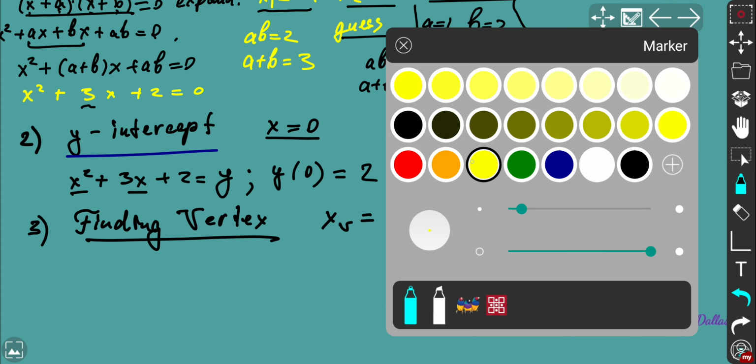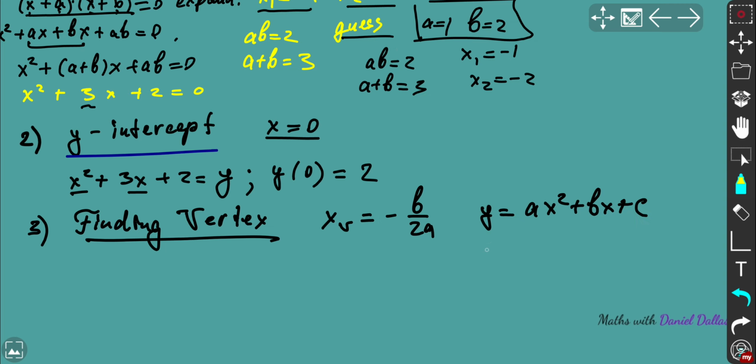In our particular case, the function we're given is x squared plus 3x plus 2. So we calculate the x coordinate of the vertex, minus b over 2a. So x vertex is simply negative 3 over 2, or negative 1.5.